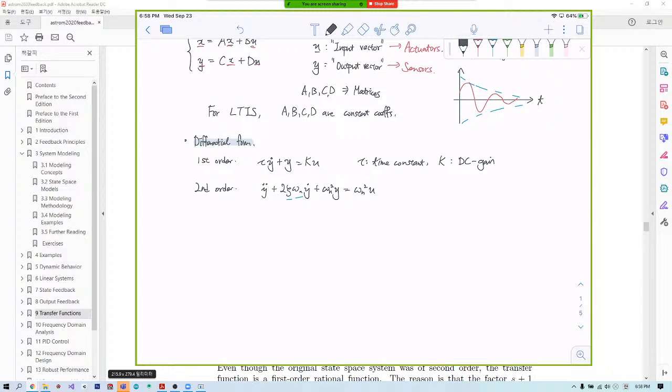But sometimes figuring out these numbers can be very cumbersome and tedious because everything here is written in time domain, right? Even though not written explicitly, these dots and double dots indicate that these variables are functions of time. So that is why we can take derivatives with respect to time.